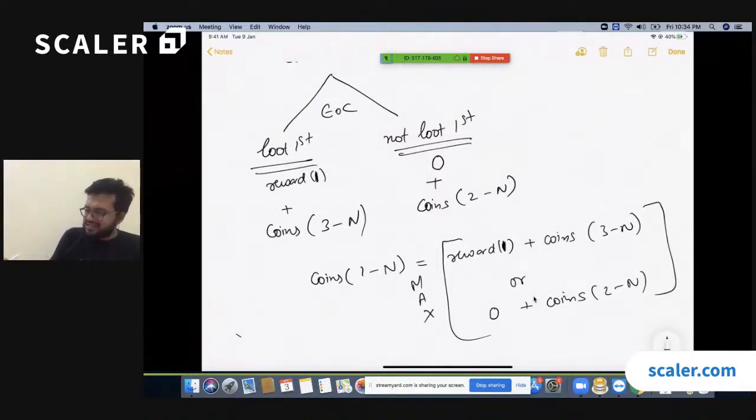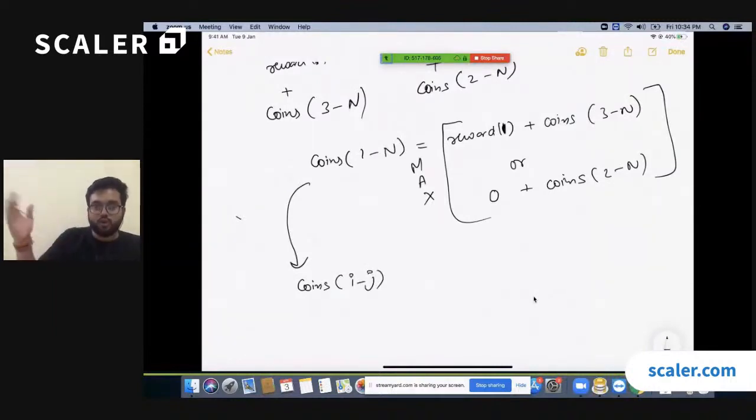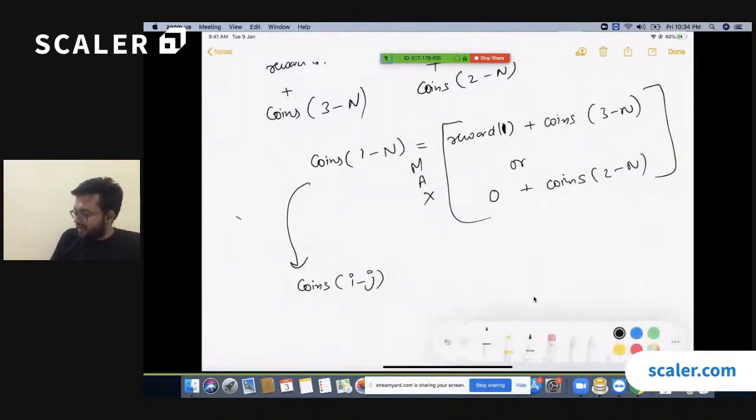Okay, so now this is the recurrence. This is from 1 to n. Let me just generalize it. So it becomes coins i to j. If I have the houses from i to j, I want to loot them. Or let me actually call it i to n, because n is going to remain there forever, the way we have described this problem.